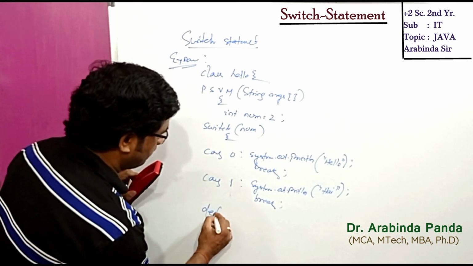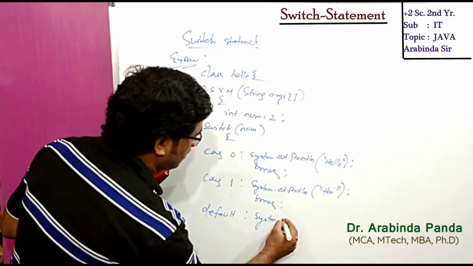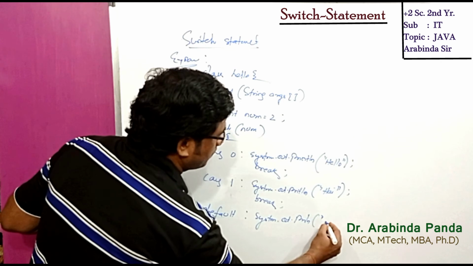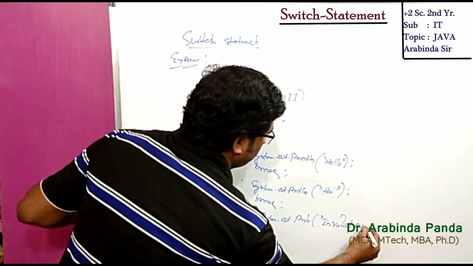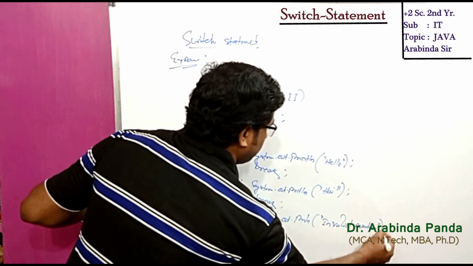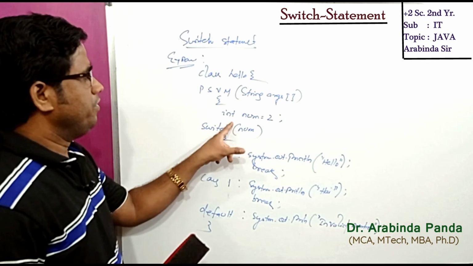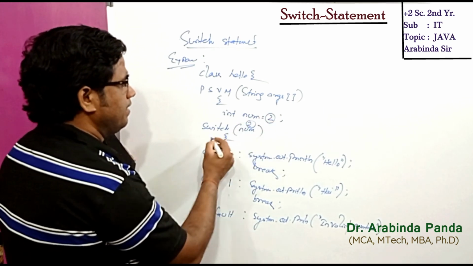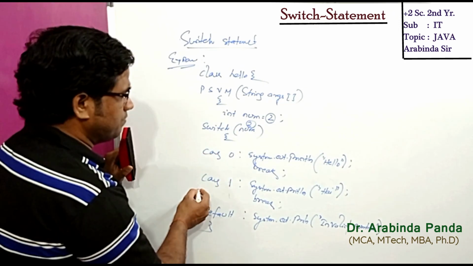Then default is what? System.out.println invalid number. Okay, so see, int 2, so it will pass 2 here, right, and then it will search for 2 in the cases.